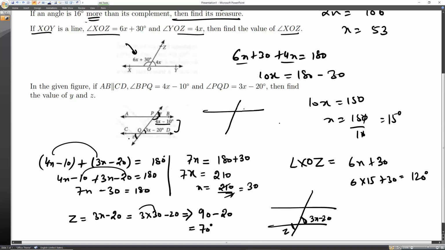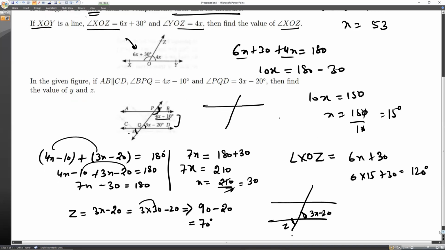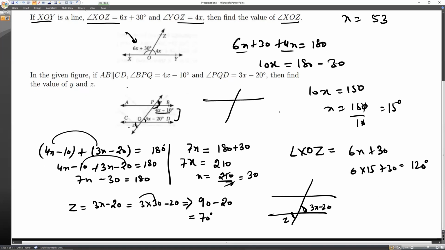So in short, y will be equal to 180 minus this angle, 4x minus 10.